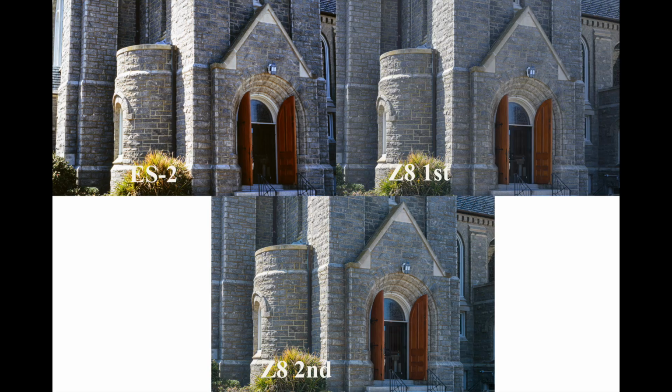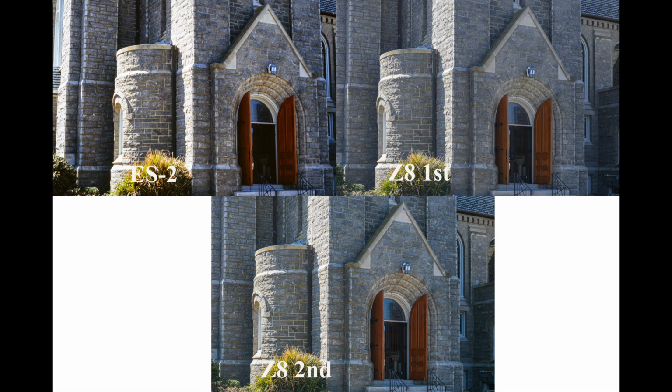Now, I feel that the ES2 scan is too contrasty, and to me, it's unrealistic. Again, however, if you just saw that by itself, fine. But in the slide, there is more detail in the left side of the image where the sun is hitting the building. And as far as detail, it is very close to the Z8 second image.